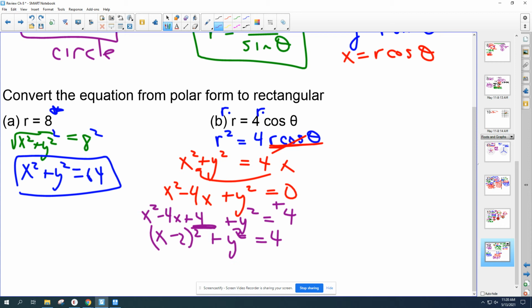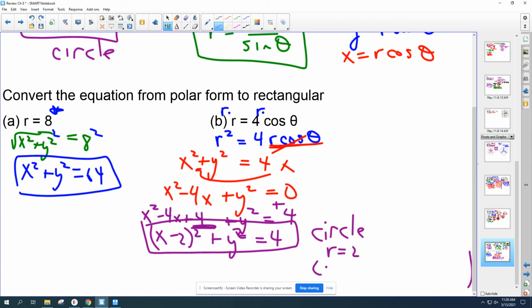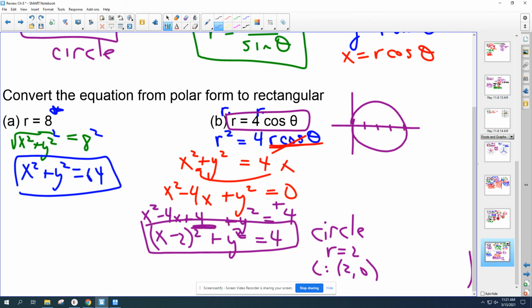That is a circle with radius 2 and center at 2, 0, right? But that's exactly what this is. That cosine, 1, 2, 3, 4, that's a cosine circle. So that's a circle with radius 2 and center at 2, 0. So whatever, this is our rectangular form.